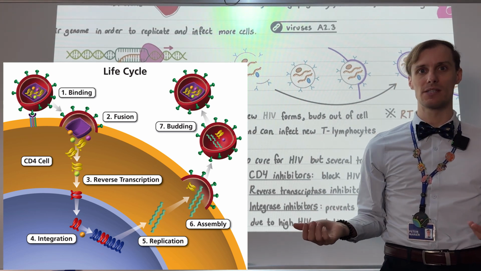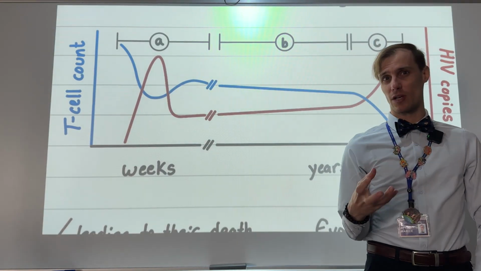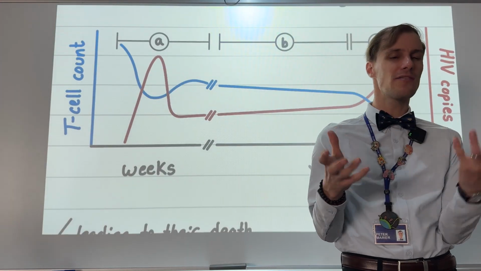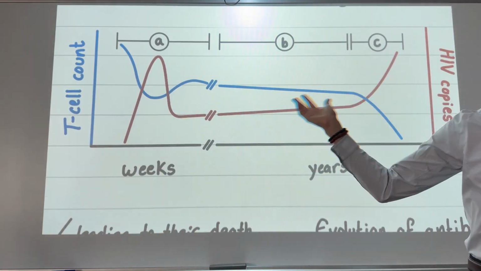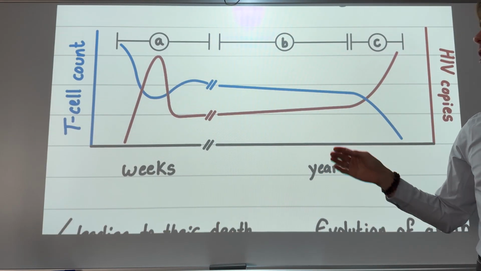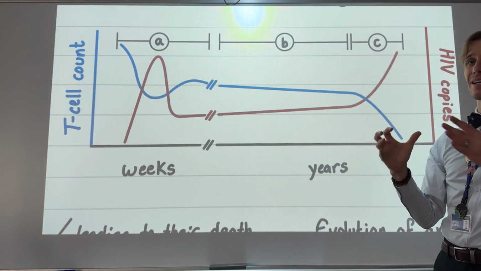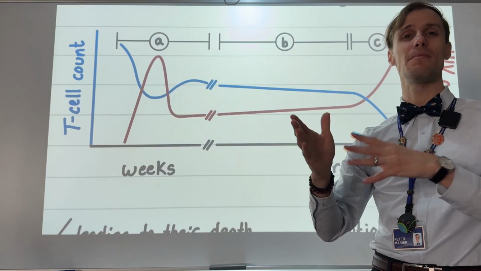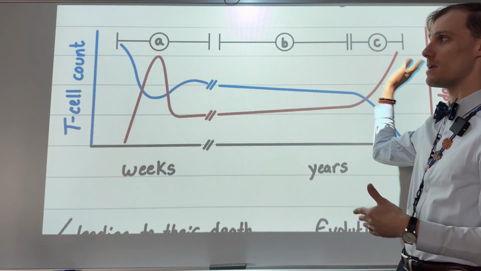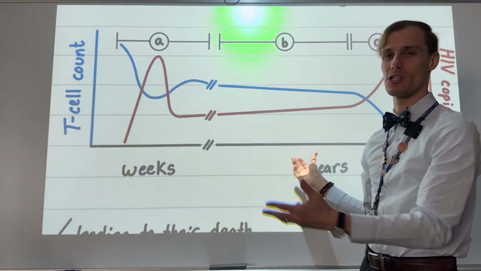Now, the progression of an HIV infection can be understood well using a graph that looks like this. You can follow along with my notes found to the left of this. We can break down an HIV infection into three major phases, here shown as A, B, and C. Let's explore what this graph is showing.